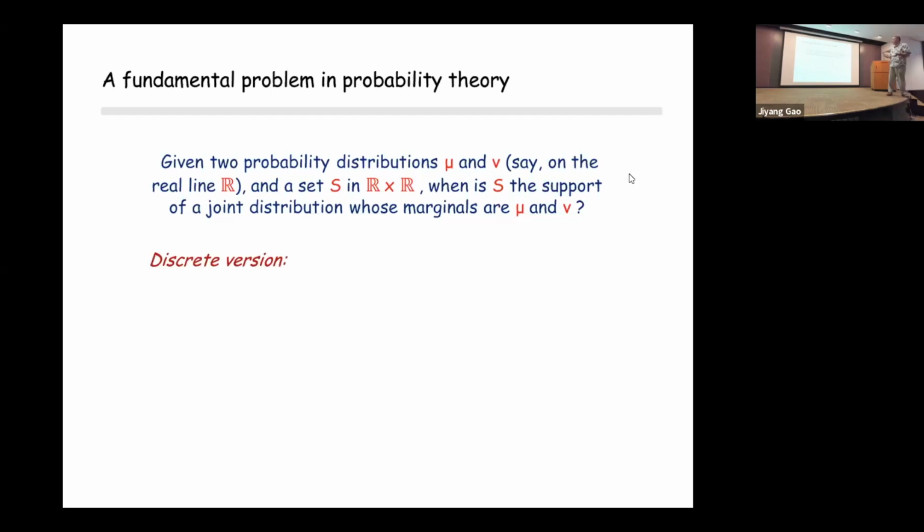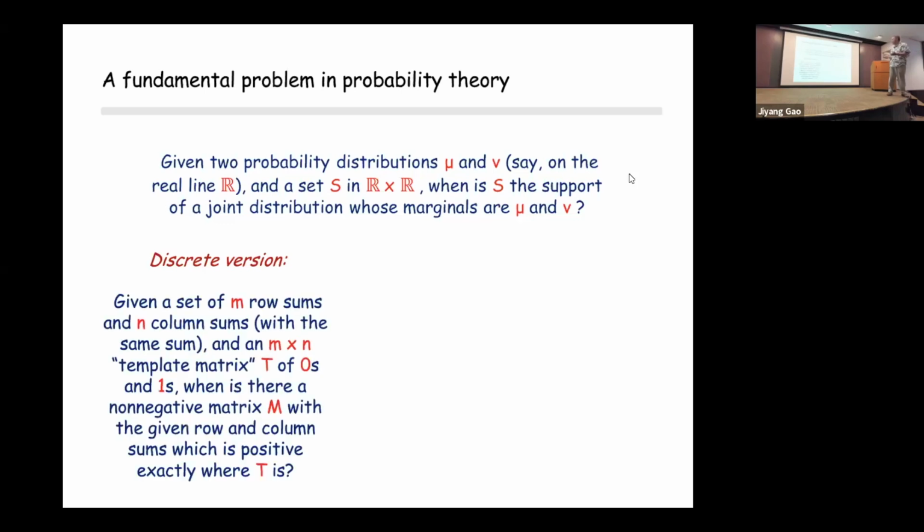And what does the discrete version of this look like? Well, the discrete version is going to look almost elementary, familiar. You're given a set of row sums, those are your one distribution, and a set of column sums, hopefully with the same total. And you're given a template matrix, just a 0, 1 matrix.